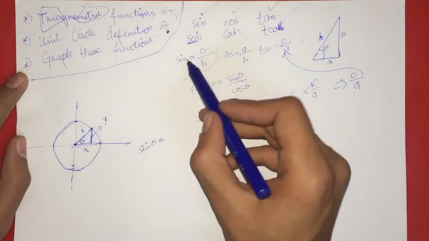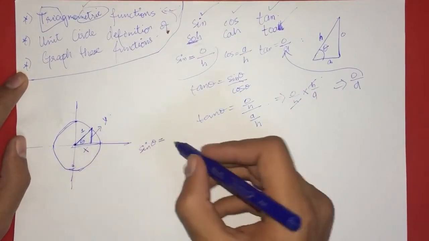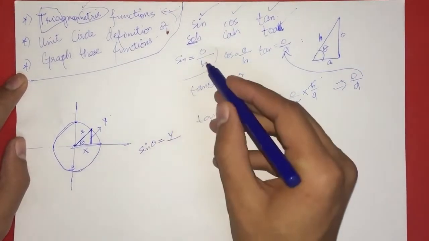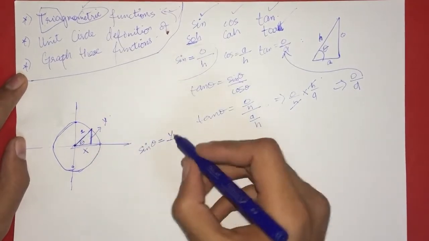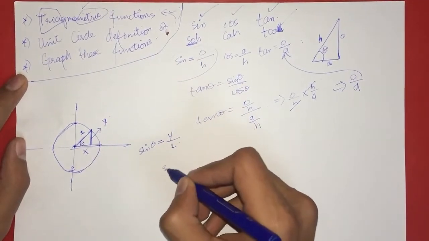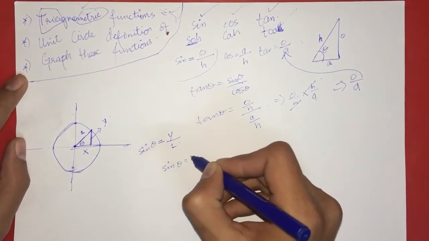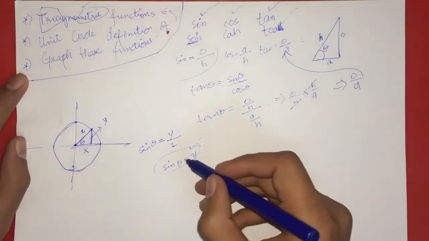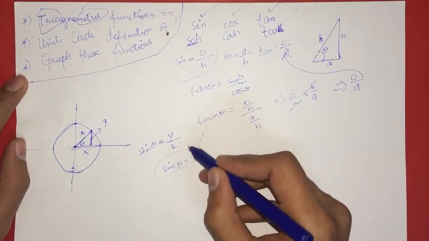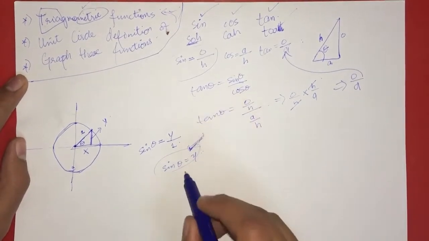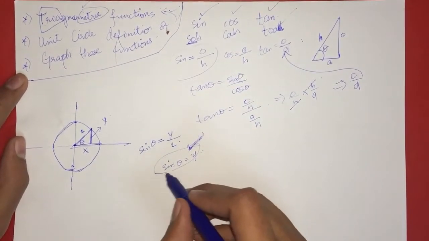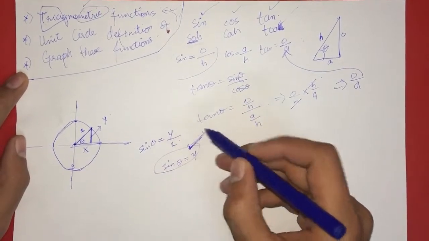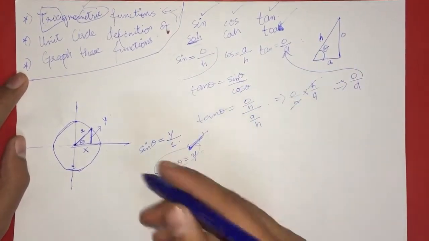We have sine equals opposite, so y divided by h, which is the hypotenuse, and the hypotenuse is 1, so we can say that sine theta equals y. This is an important term, and you should pay a lot of attention to these kinds of formulas, because they're simple, but they help you a lot when you study at a higher level.